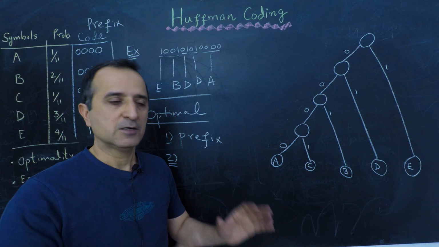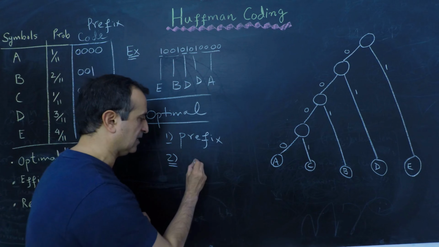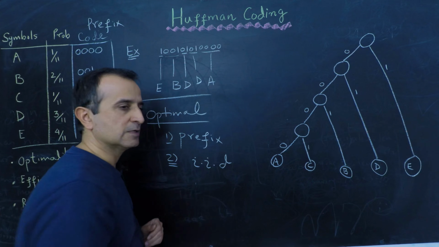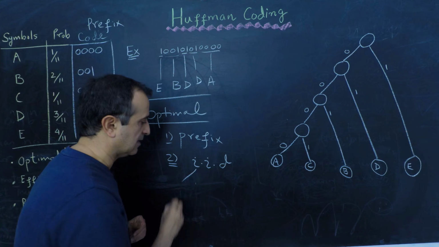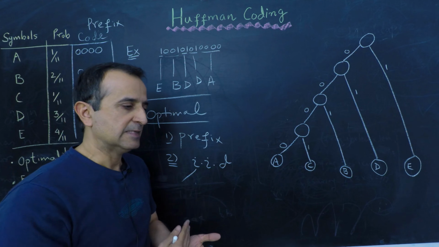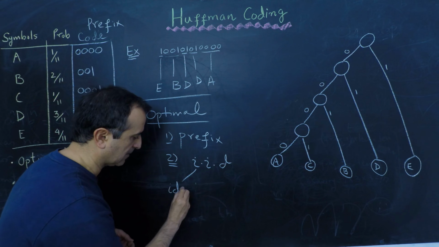Secondly, Huffman coding is optimal if our data is of a specific kind. Our data should have an IID distribution. That means each data element has an identical distribution. The first I is for identical.